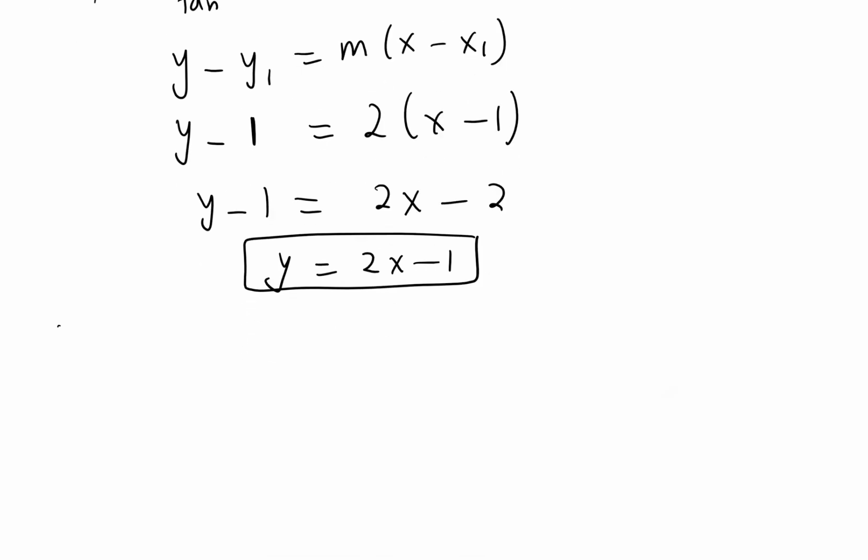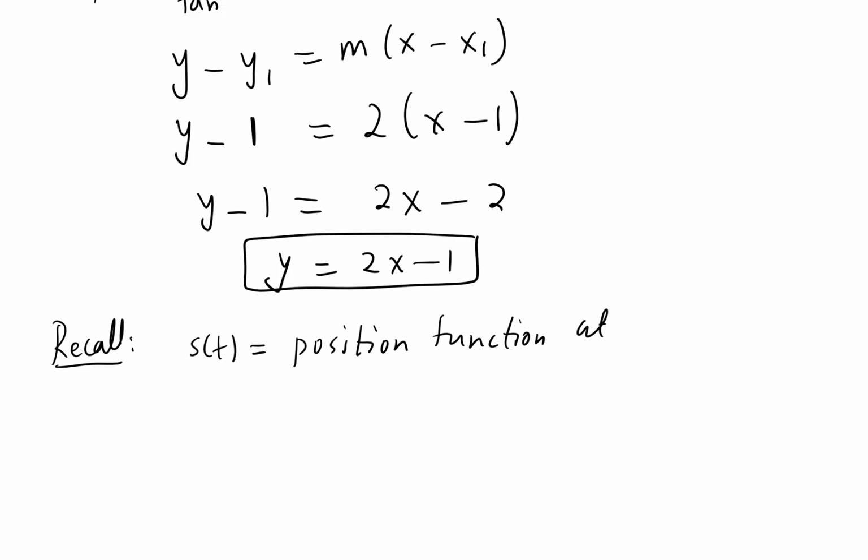Now recall from physics, s of t is called the position function at time t, and we'll come back to that tangent line later today. v of t is the velocity function at time t.